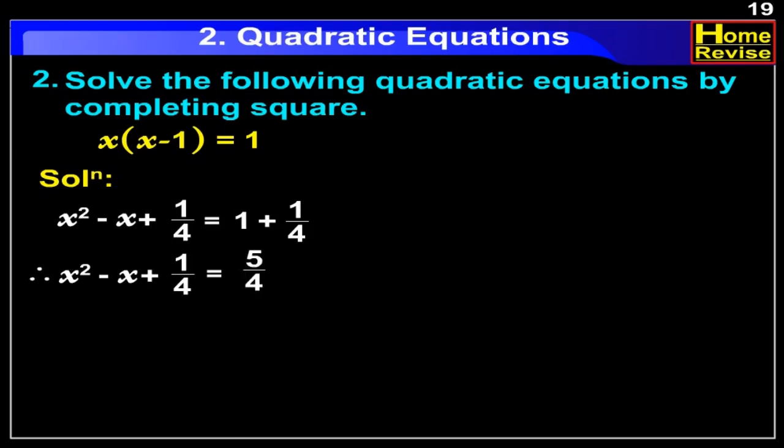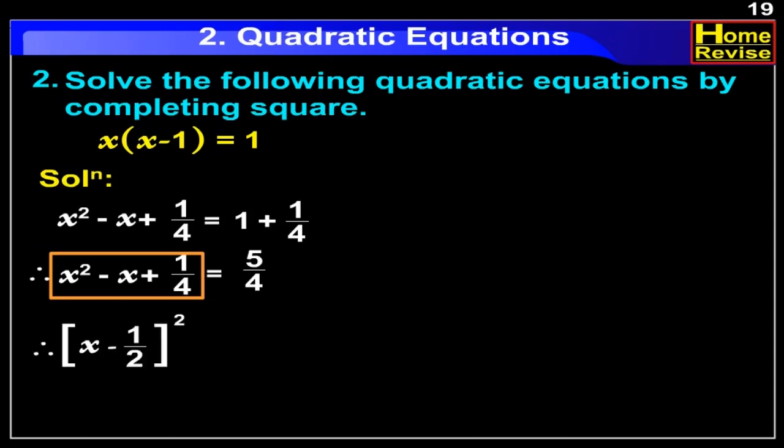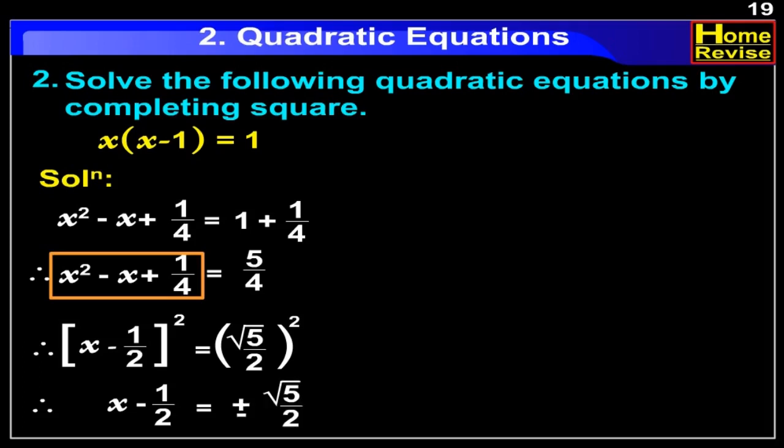Now, x² − x + 1/4 on the left hand side is the square of (x − 1/2). Therefore, (x − 1/2)² = (√5/2)². Therefore, x − 1/2 = ±√5/2.